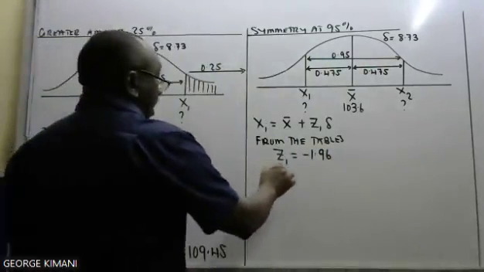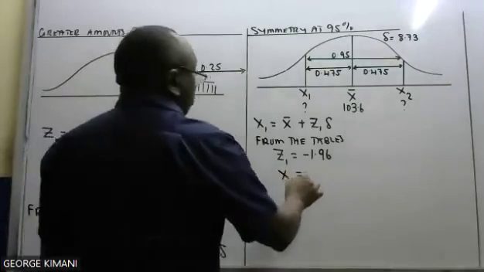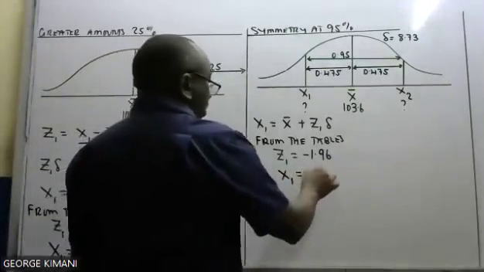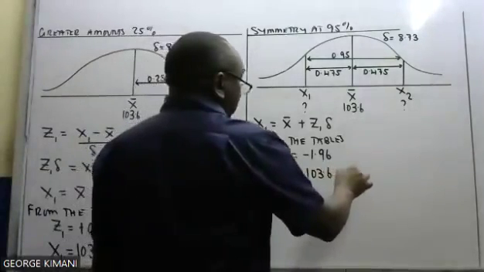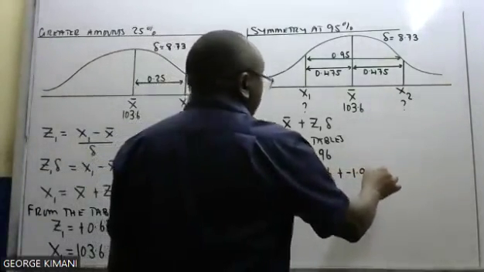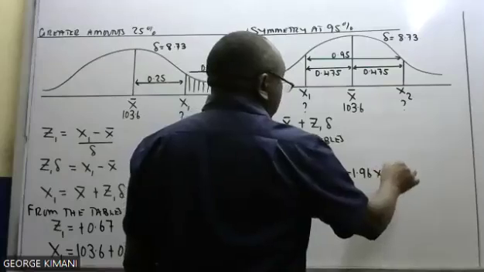So it then means that X1 should be X bar, 103.6, plus or minus 1.96 times 8.73.